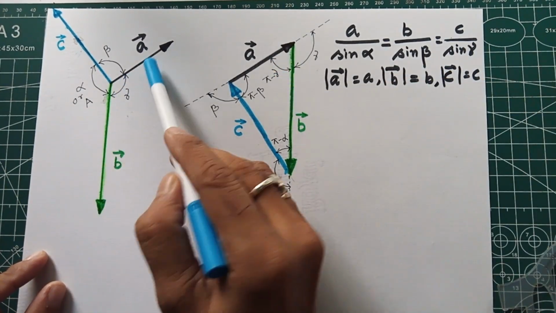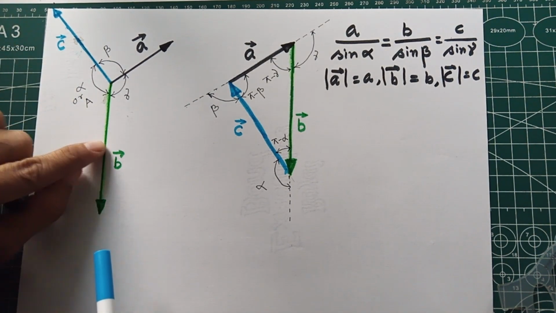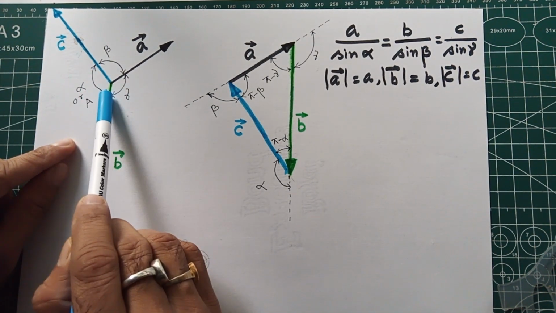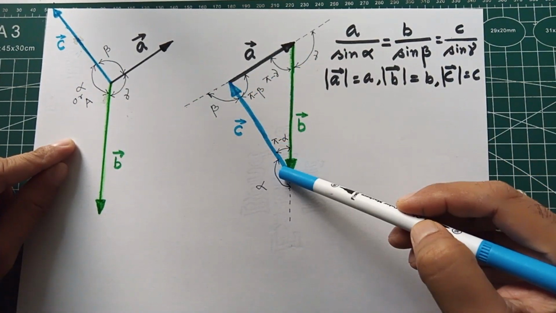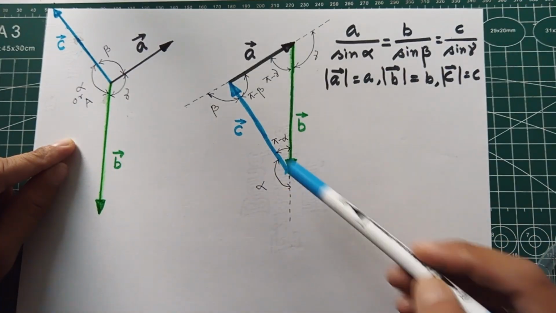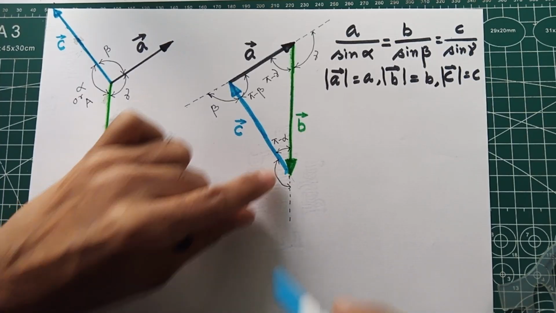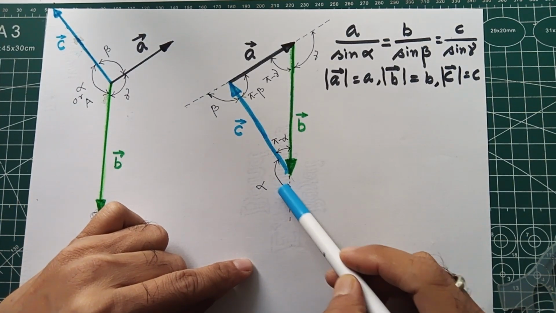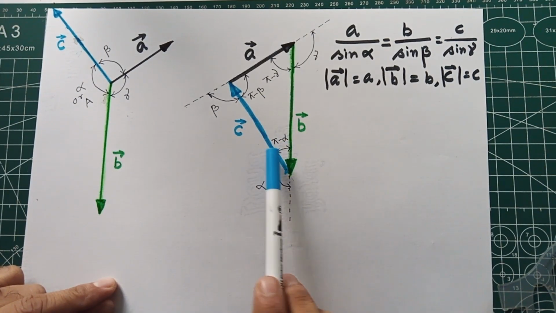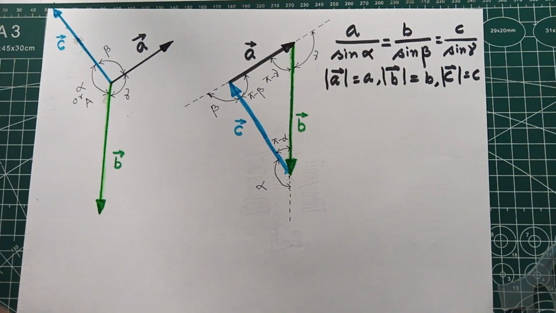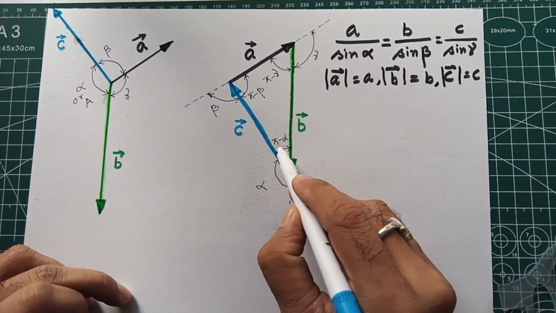You see that alpha is the angle between vector C and B, or B and C. So this is the angle. Therefore, where is C? C is this one and B is this one. That means from this point, if I redraw B, then alpha is this angle between B and C, not this angle. This will be therefore pi minus alpha, because this is alpha and the total angle is pi, so it will be pi minus alpha.